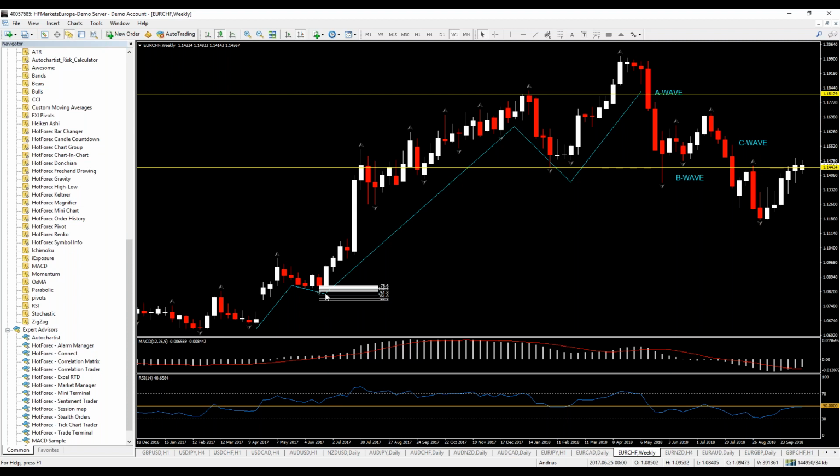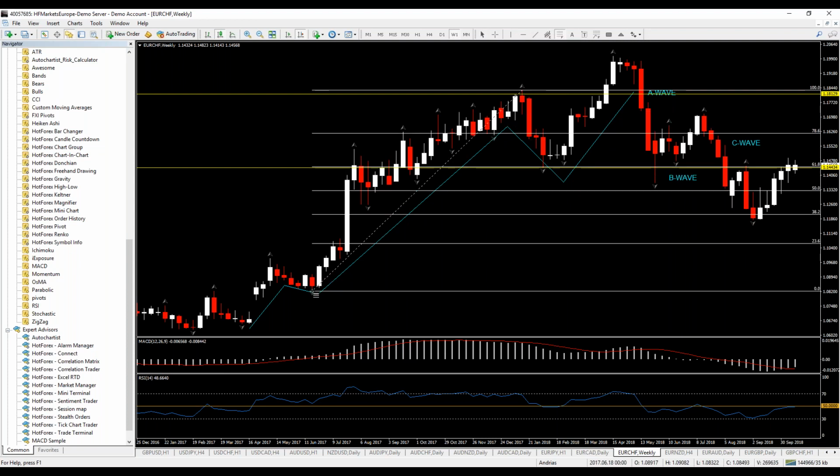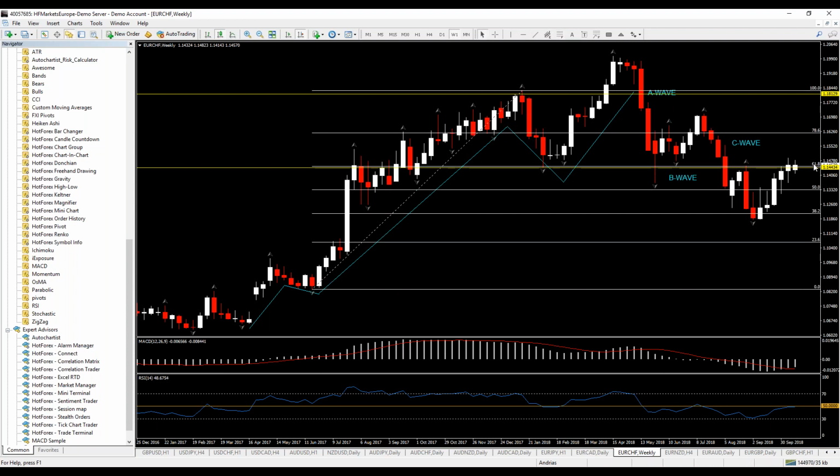So I'm plotting my Fibonacci only for wave three, just to see how far the corrective wave four went.